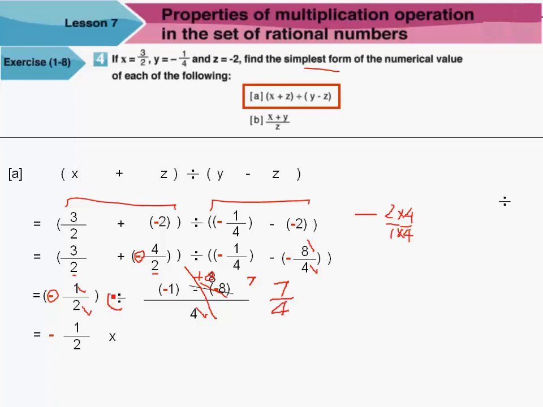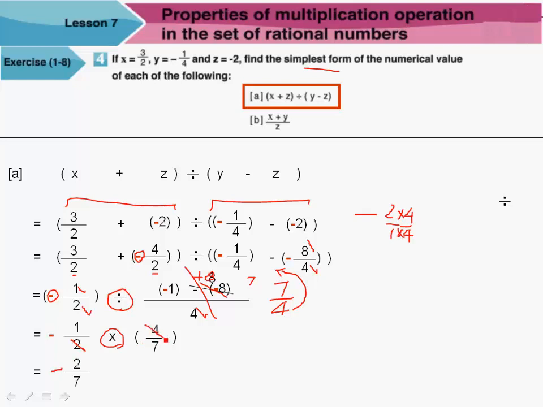We have divided here. We will replace divided with multiply. So we have to write the multiplicative inverse, which is 4 over 7. So this will be minus times plus is minus.